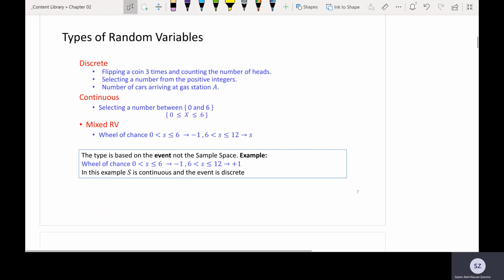So, what are the types of random variable? Now, if we understand the random variable as a mapping from the sample space elements into a subset of the real line, such that every element in the sample space is mapped into a single number in the real line.